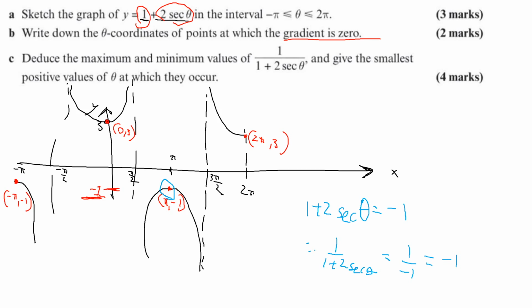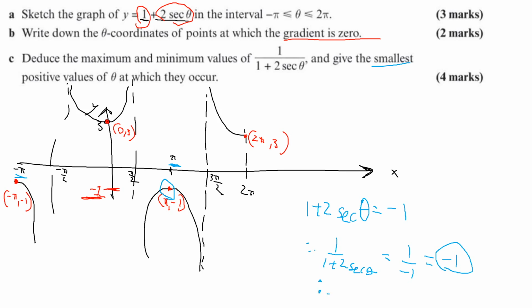So therefore, where would the minimum point happen at minus 1? It would happen at pi and minus pi, yeah? But it's asking for the smallest positive value, so it's going to be at pi.